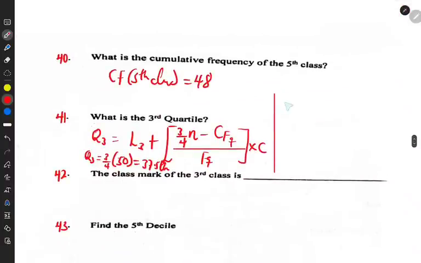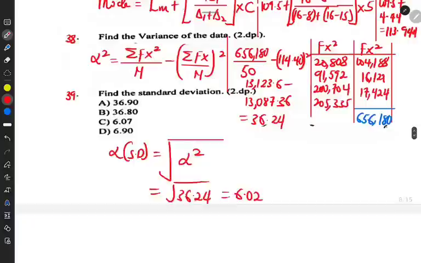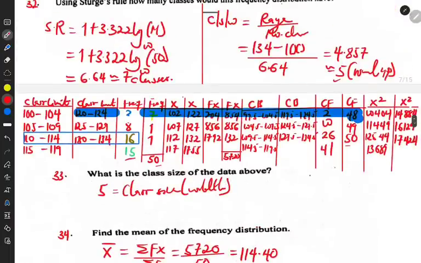So here is supposed to be 114.5 plus 37.5 minus the cumulative frequency that comes before the quartile class. So here the class limit has been determined as 115 to 119. So we just have to add the cumulative frequencies before the quartile class.